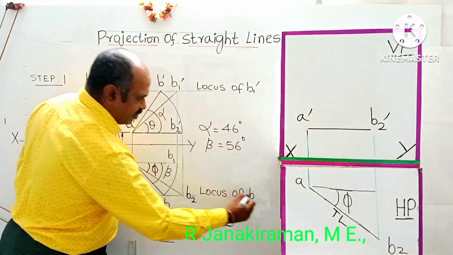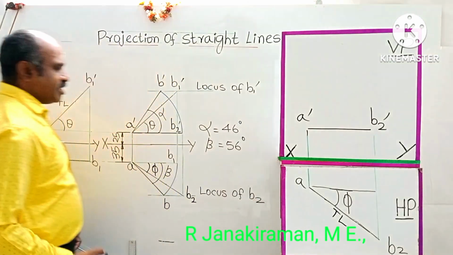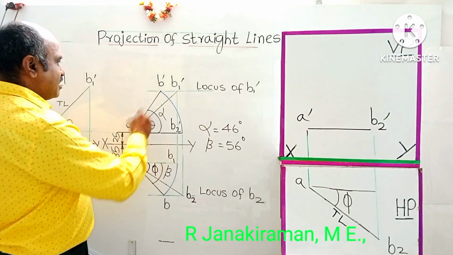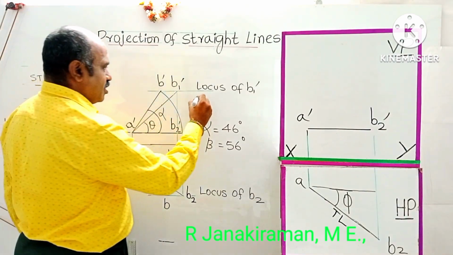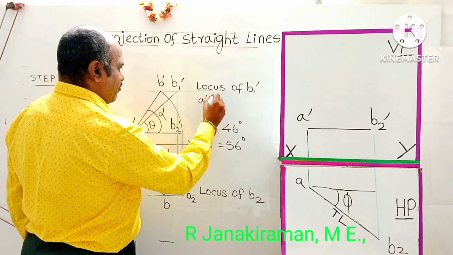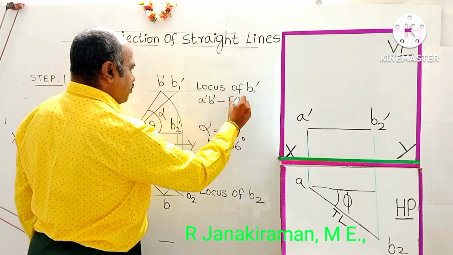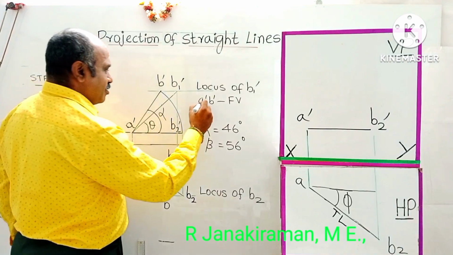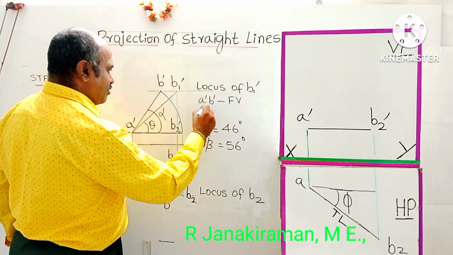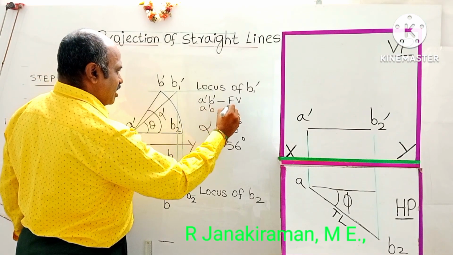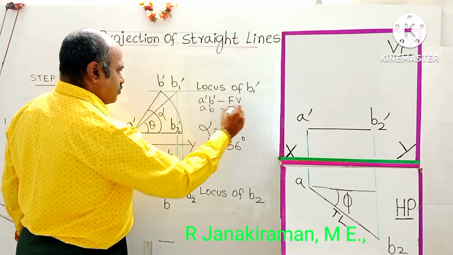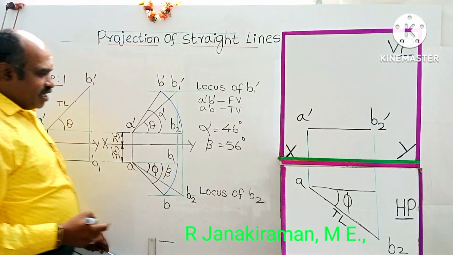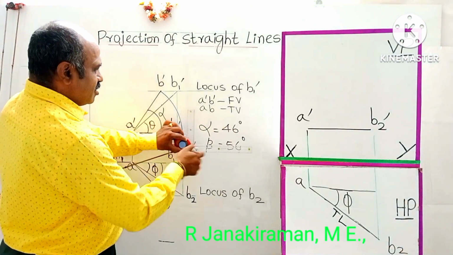The point B2 you can put here. A dash B dash is the final front view. AB is the top view that always comes below the XY line. Based on the projection of a straight line concept, AB is the final top view. Okay, this is the answer we obtained, and you can put it in a box.